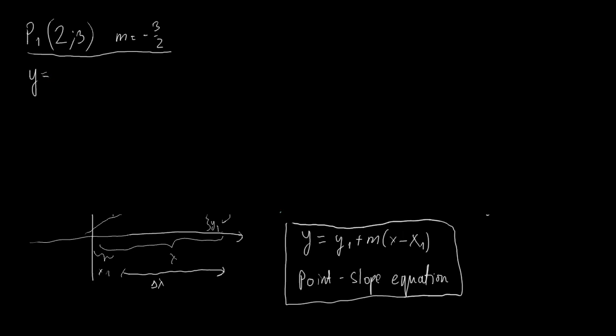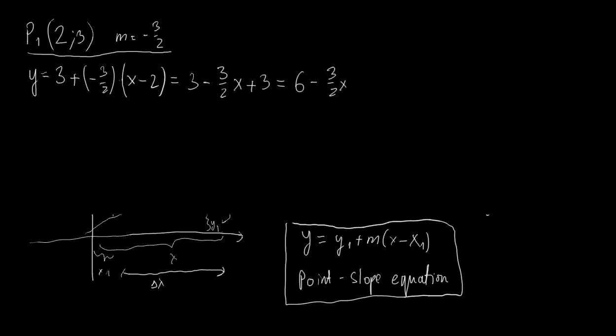So let's do it. That y equals y1, that is 3, plus minus 3 over 2, because that is the slope, times x minus x1, and x1 is 2, so it's x minus 2. And that equals to 3 minus 3 over 2 x plus 3. That is 6 minus 3 over 2 x. And that is our equation. That is the line.